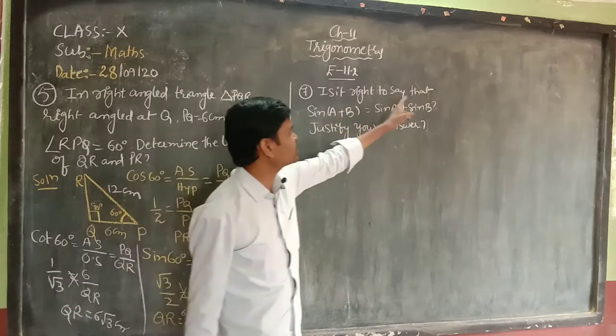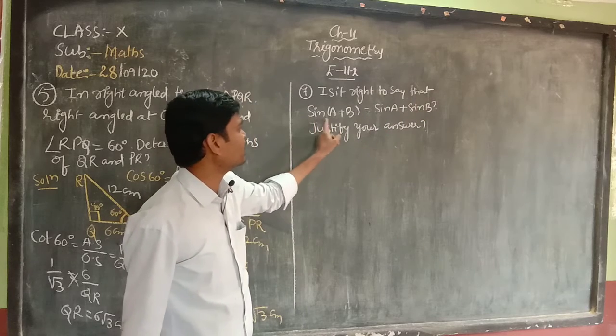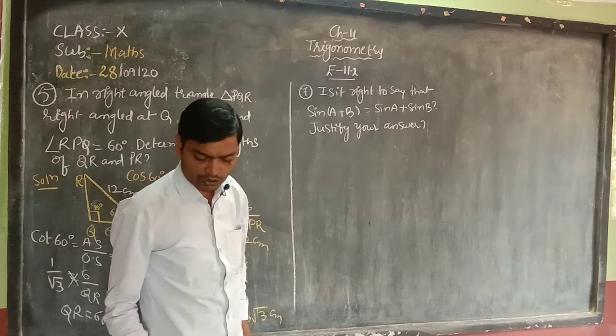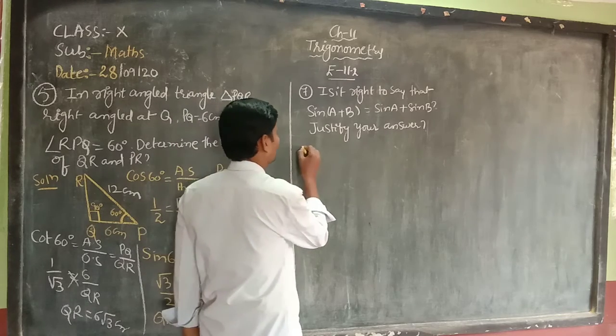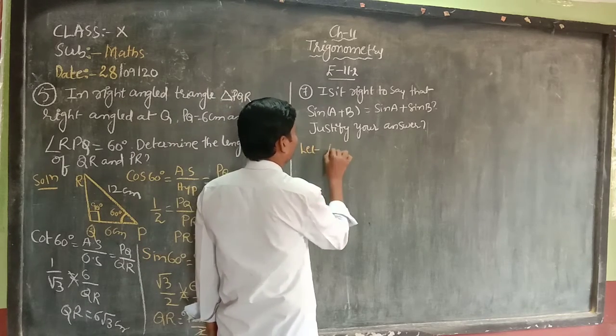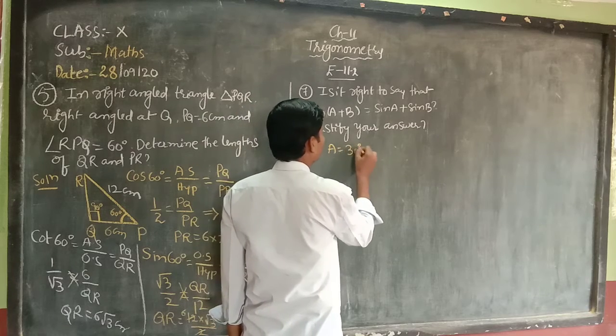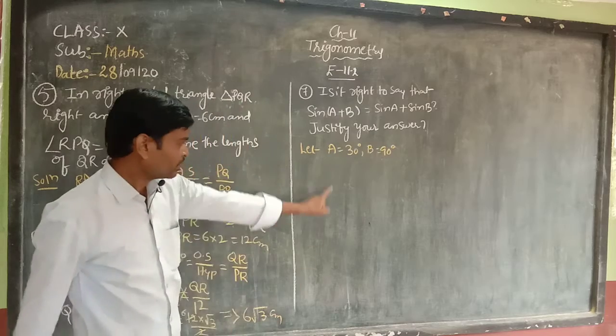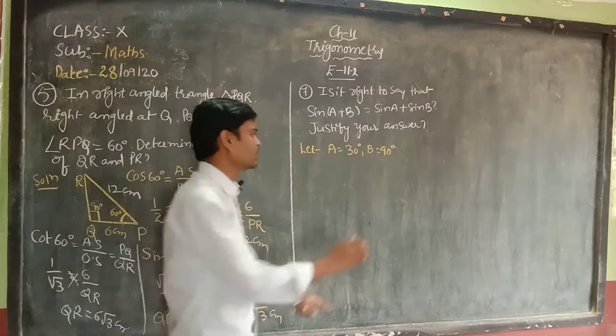Is it right to say that sin of a plus b is equal to sin a plus sin b? Let us check. Let a is equal to 30 degrees, b is equal to 60 degrees.